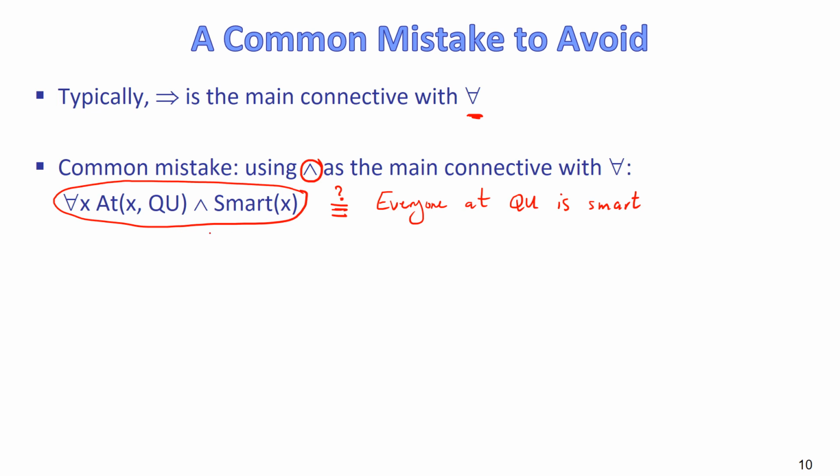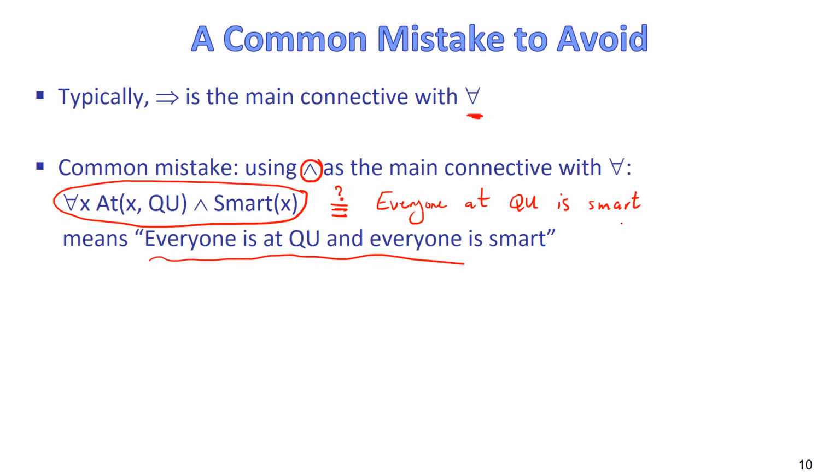So if I give you this sentence, Faisal, and I told you to just interpret it in natural language, how would you write it? Yes, very good. So everyone is at QU and everyone is smart. That's the interpretation of this sentence, if it's true, of course. But this sentence is not like this.